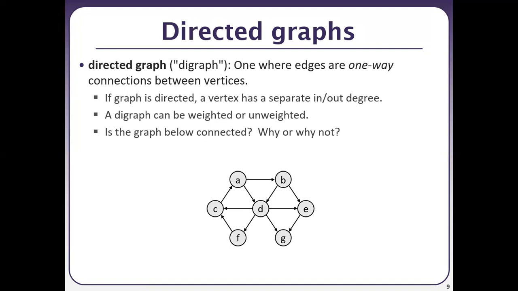It has two types, in-degree and out-degree. An edge which is going out from a node is considered an out-degree. So the edge from A to B is an out-degree, and the edge from C to A is an out-degree.